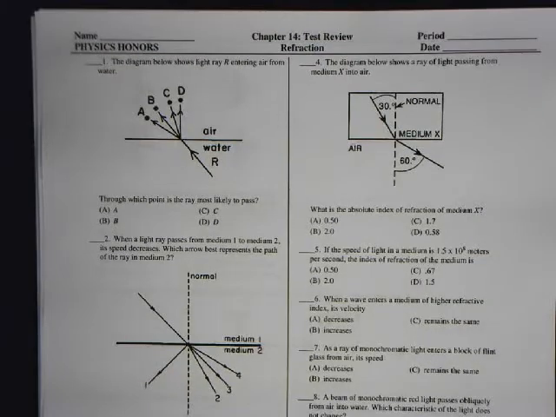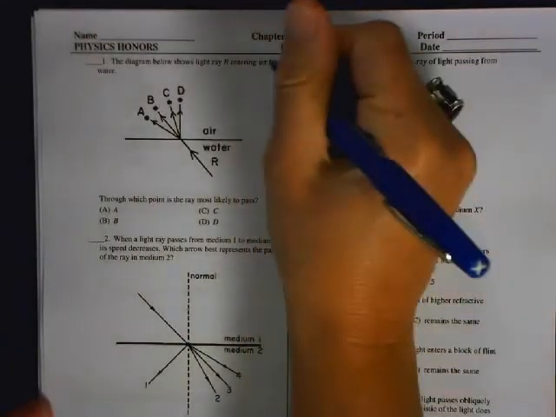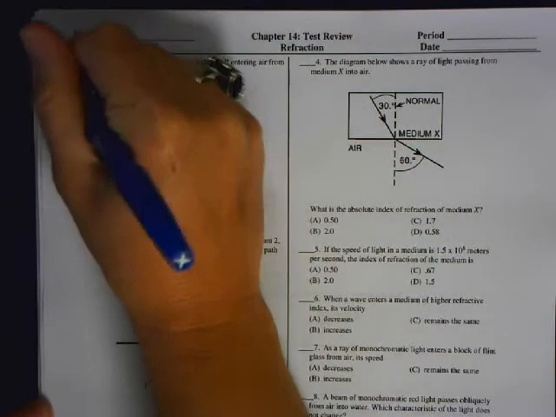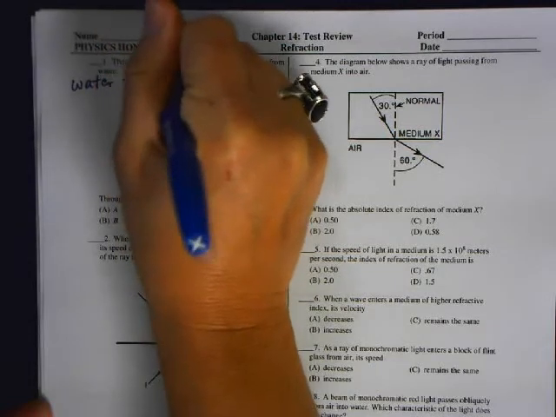So question number 1 says, the diagram below shows light ray R entering air from water. So we always need to know where are we going from or to. So we're going from water to air.